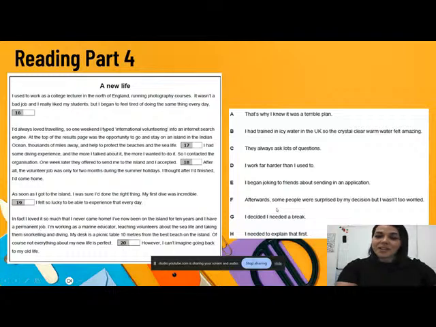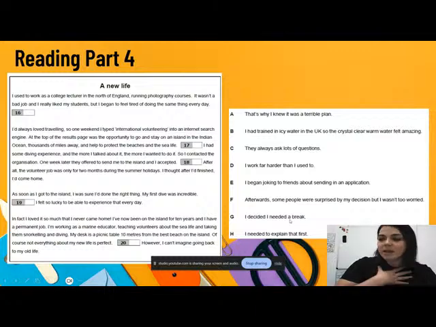F, afterwards, some people were surprised by my decision. Well, here, there's no mention of a decision, so what? And G, I decided I needed a break. In my opinion, this would be the best option because it is both using the past simple and it is talking about a break from his job, from his previous job.